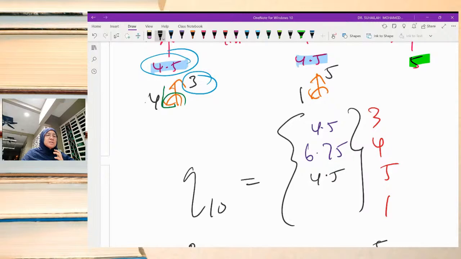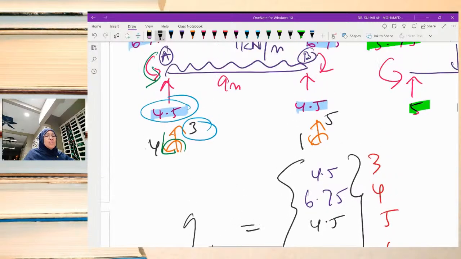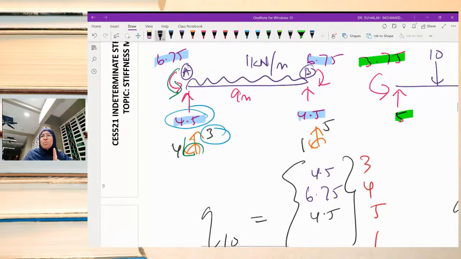Then 1. Position 1, what is the value? You have to include negative whenever it is in the opposite direction. Position 1 is negative 6.75.